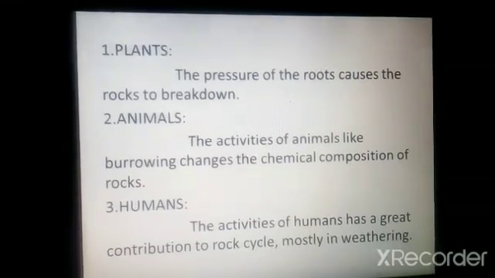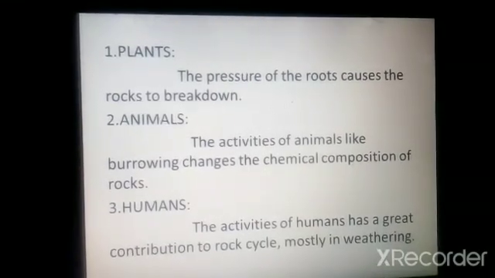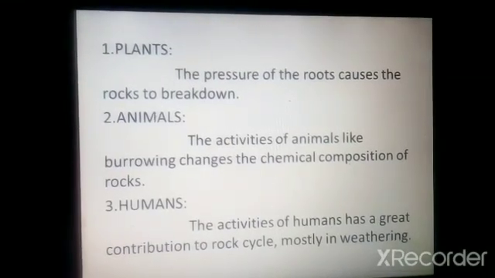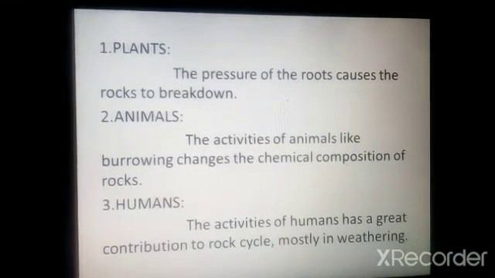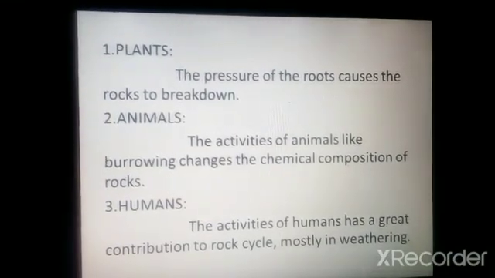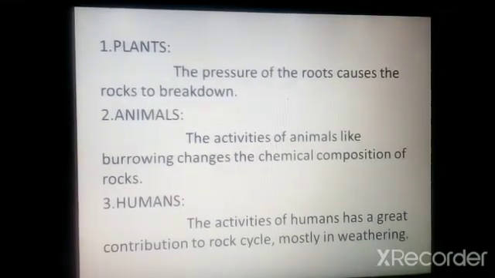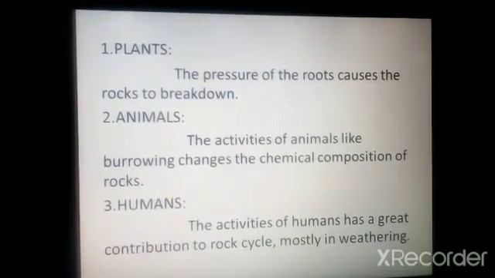Based on animals, activities like burrowing break down the rocks. And finally, human activities, mainly quarrying the rock, change it into smaller substances.